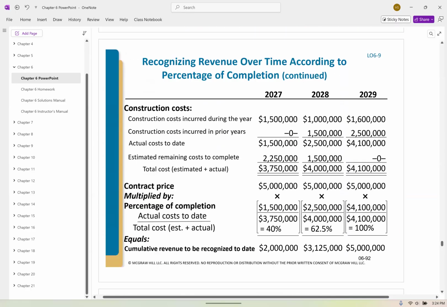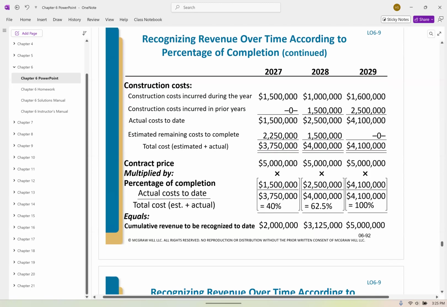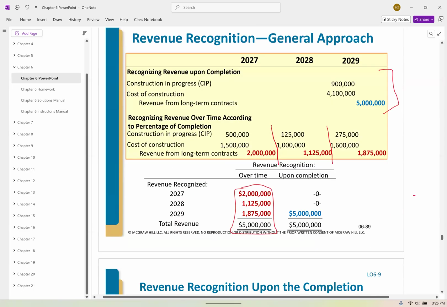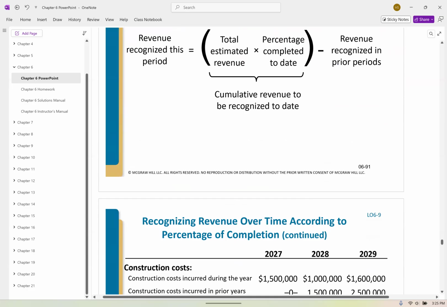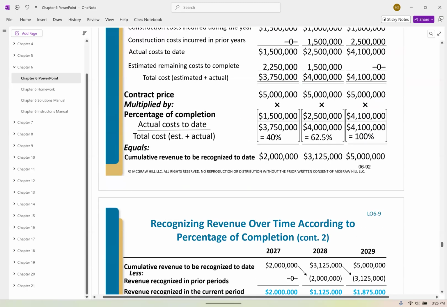Now we got some percentages. Looks like we're using almost all of the same numbers, and these are the exact numbers we needed to calculate all of this up here. They should have given us that first. They didn't give us the percentages, so we really didn't know where those numbers were coming from. But they did record $2 million in 27.